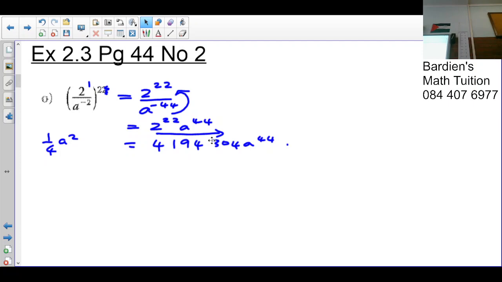Same answer. Then of course there's a 1 over 4 a to the 4. Then of course there's a mistake somewhere. You all agree with that? Because at 22 of course you're not going to do 1 over 4. Right. Next problem.